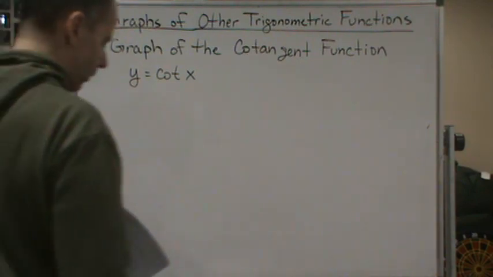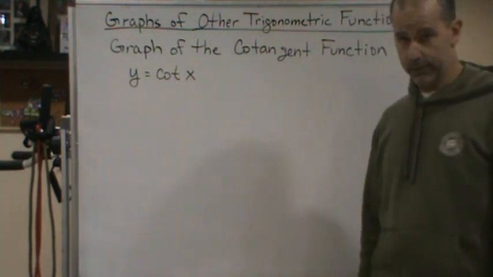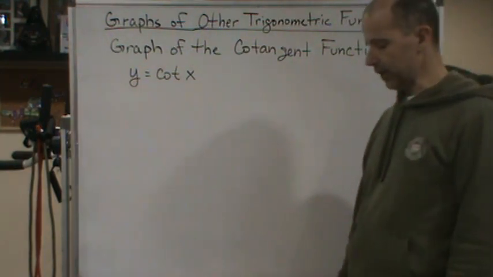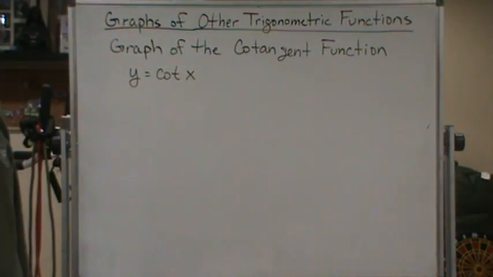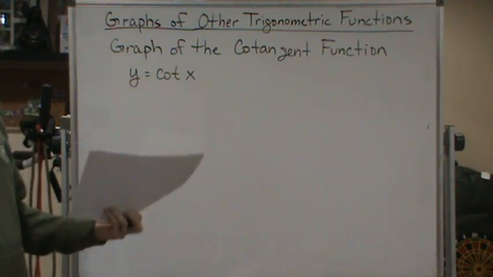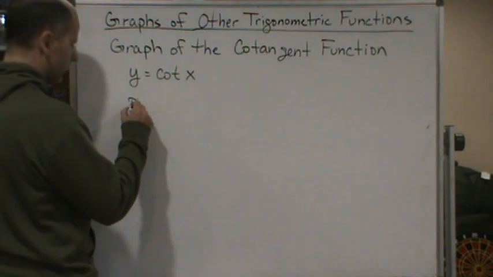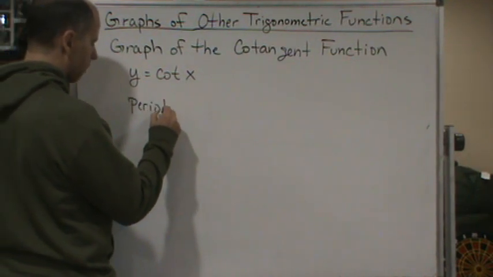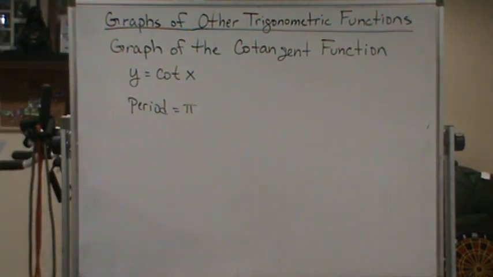All right, well, welcome back, and now let's talk about graphing the cotangent function. So the cotangent function is graphed similarly to the way the tangent function is graphed. So the period is also pi, so the period is still pi.